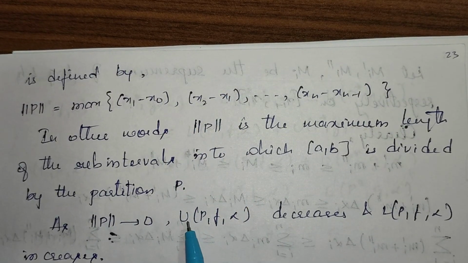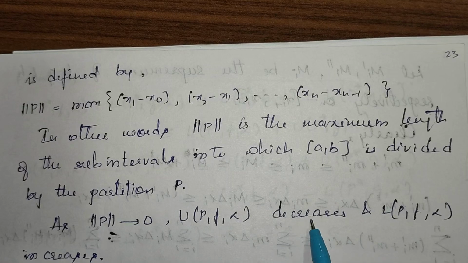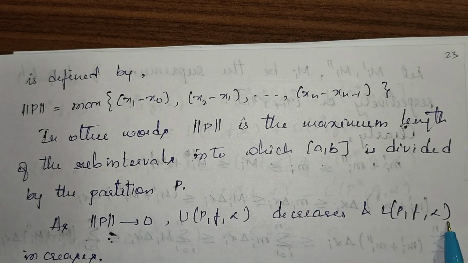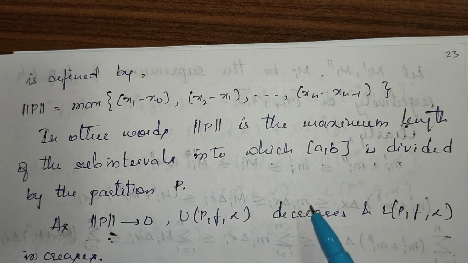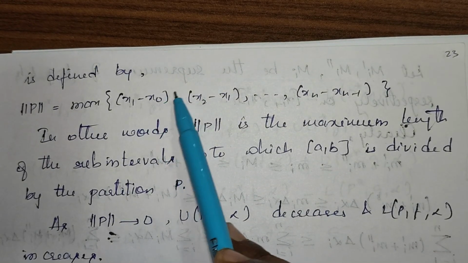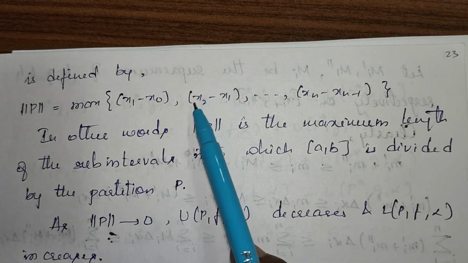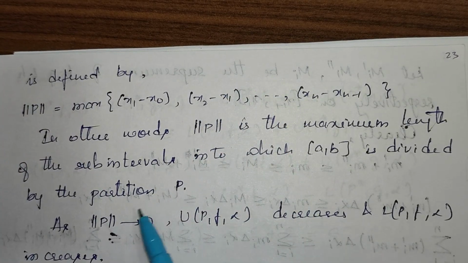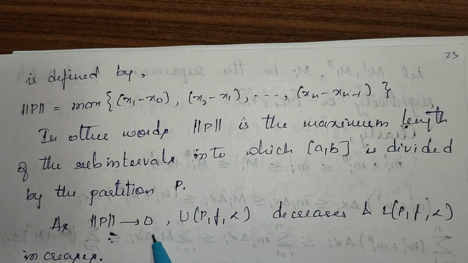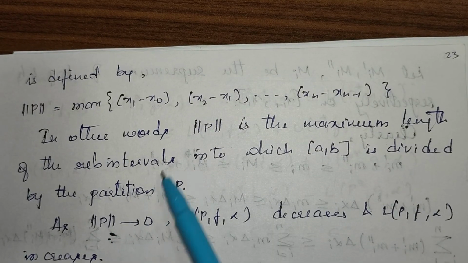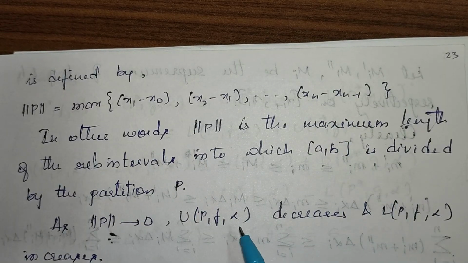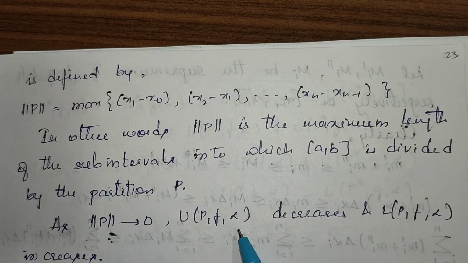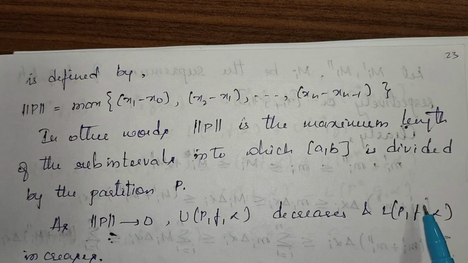Then U(P, f, alpha) decreases and L(P, f, alpha) increases. We have learnt this in one of the notes. So as the number of points in the partition increases, norm P tends to 0, and norm P tending to 0 implies the number of points is increasing in the partition. So if the number of points in the partition increases, the upper sum decreases and the lower sum increases.